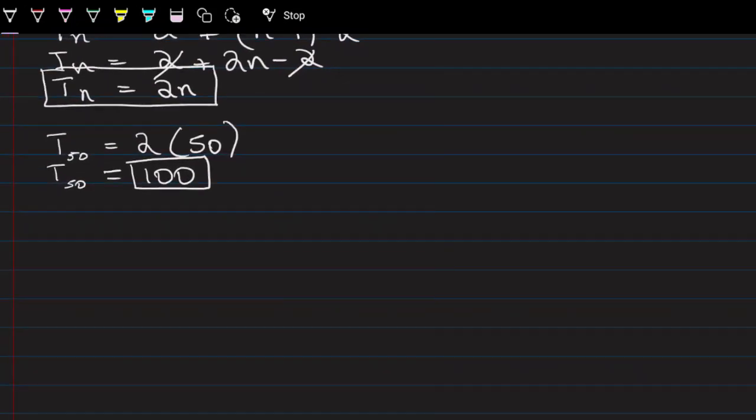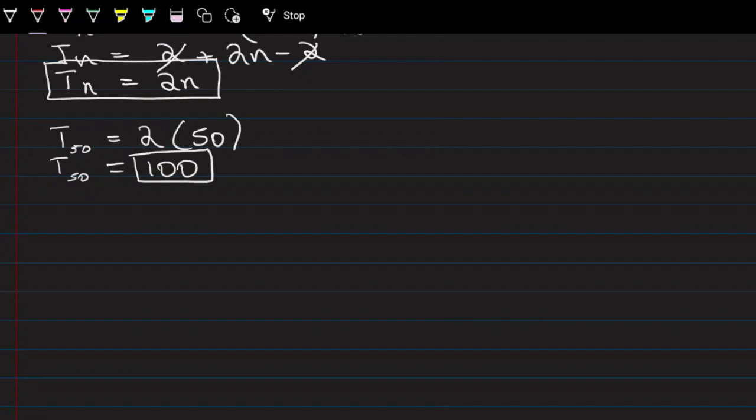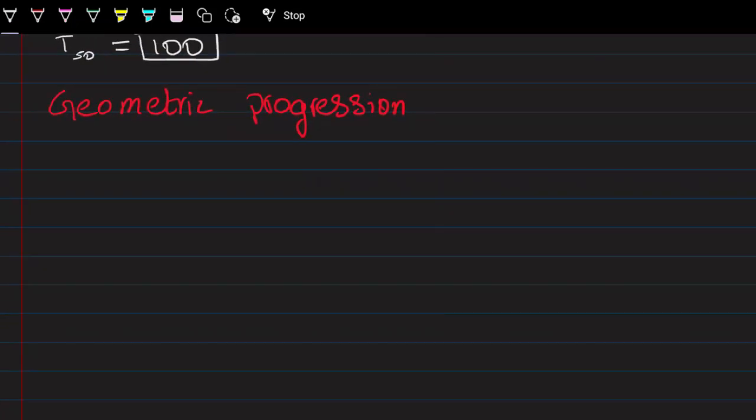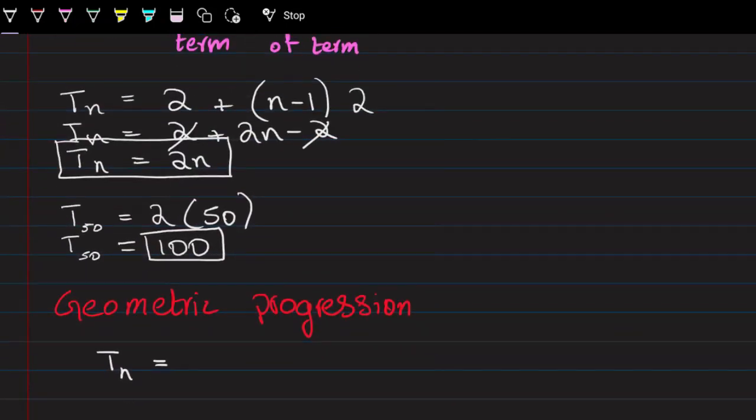Okay, so now we're going to start with our geometric progression, because for now the arithmetic progression stuff has been dealt with. Geometric progression. And so here I want to let you guys know a formula. So the nth term, I'm going directly into the nth term here.